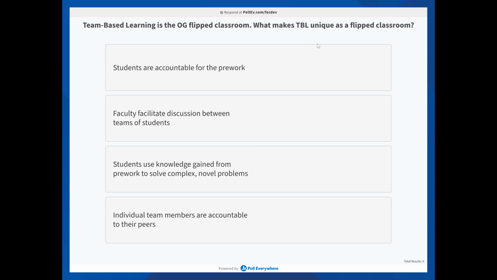So students in general are accountable because they will do the pre-work because they don't want to look foolish. Faculty facilitation between teams of students is important because faculty should not ever explain a question. At the end of a team-based learning session, they can summarize and pull everything together, but the student teams should have such rich discussion with faculty facilitating and asking teams different opinions.